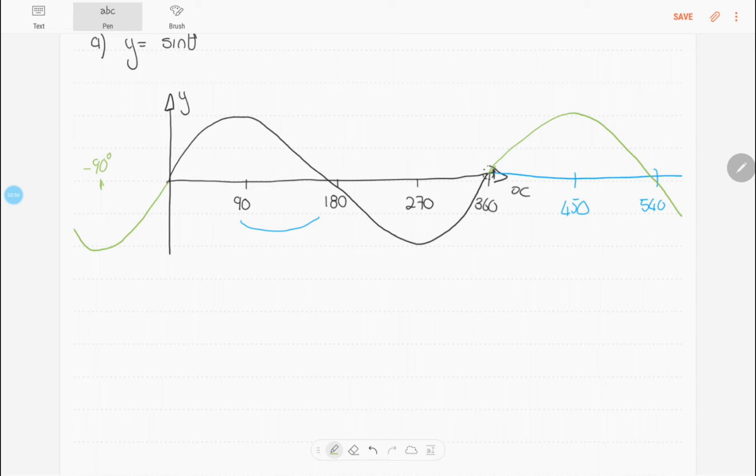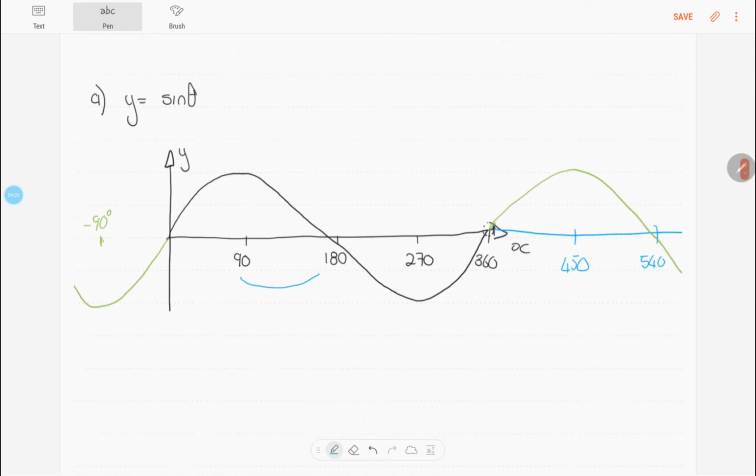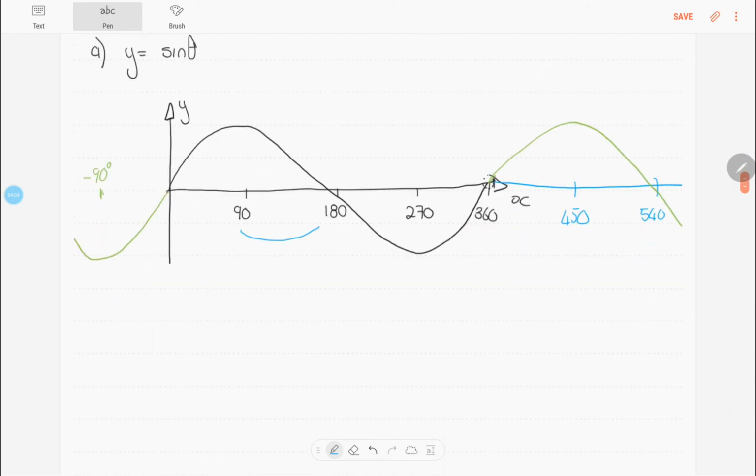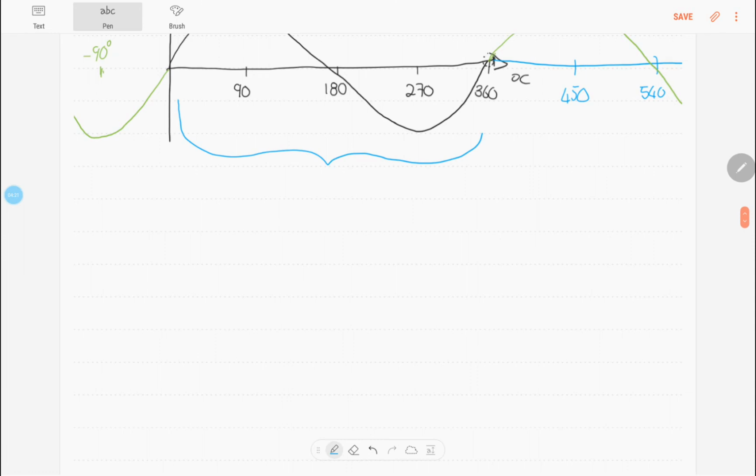Okay, but for the purpose of not having to do it forever, we define something: how often, or how long it takes for our graph to start repeating itself. So how many degrees it takes. If we look here, it takes us from 0 to 360 degrees before that graph starts repeating itself.